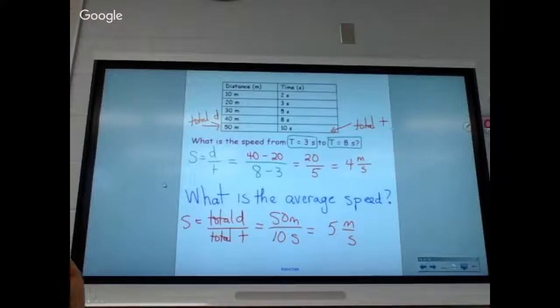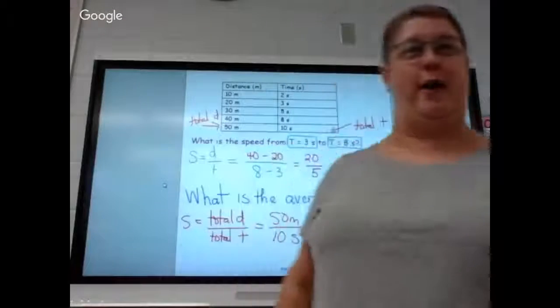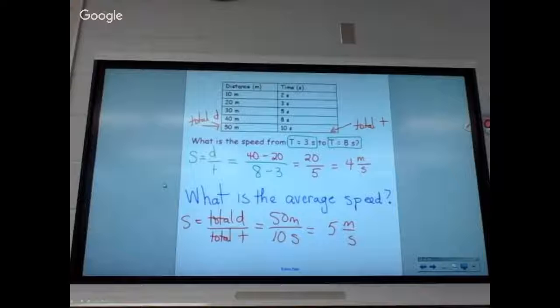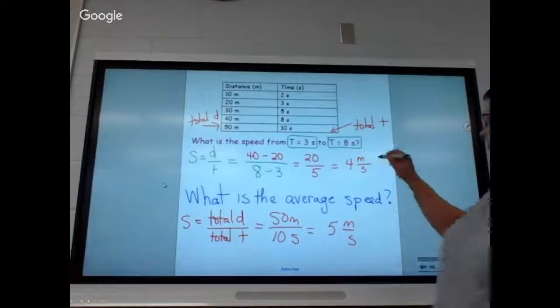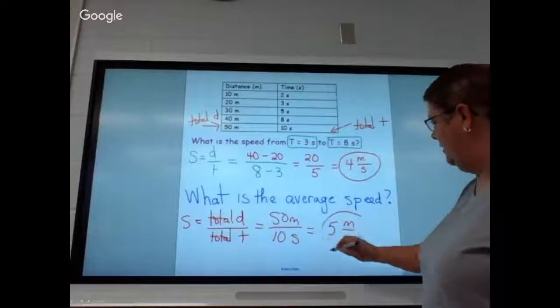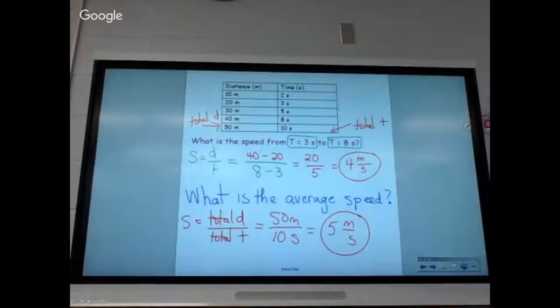What's not the same? You're almost there. What numbers? This is 4 meters per second, and that's 5 meters per second. Because the two speeds aren't the same, it has to be average speed. It's changing speeds. If it had been 5 and 5, then it would have been constant speed. All right, y'all there? You get what I'm saying?